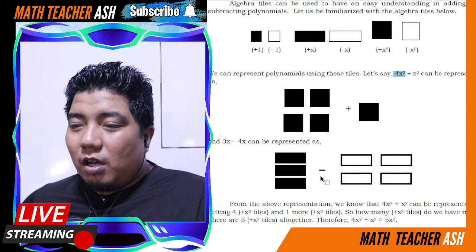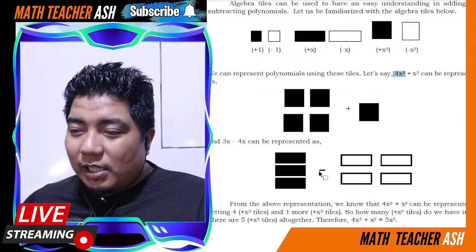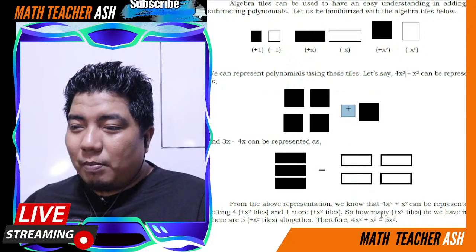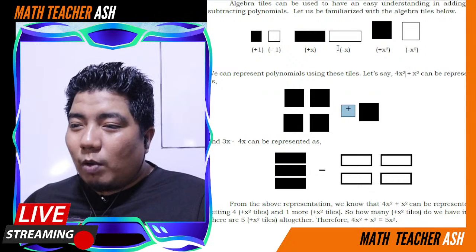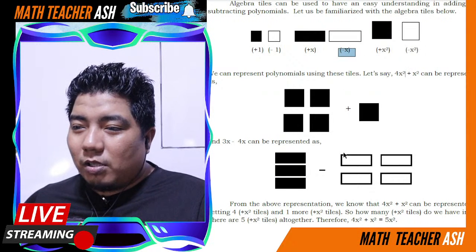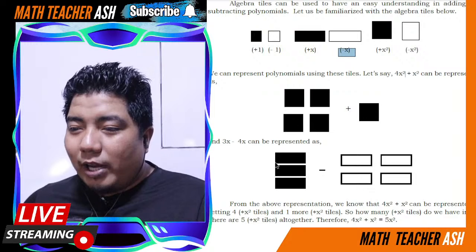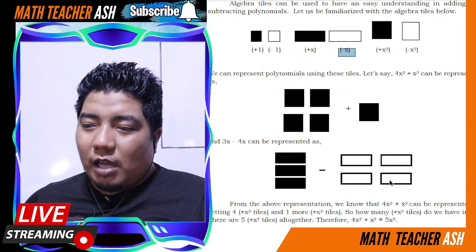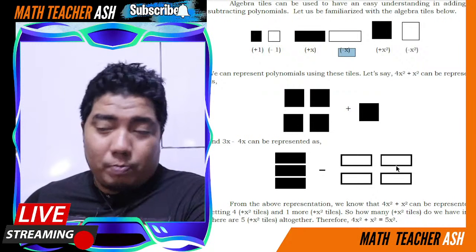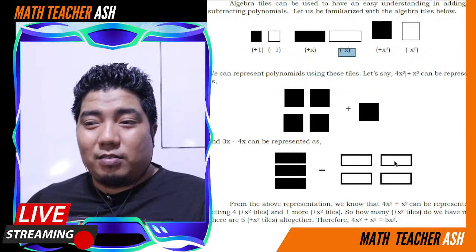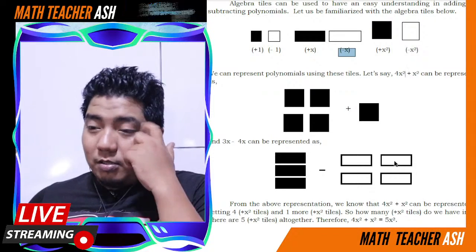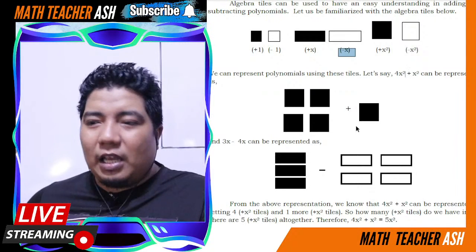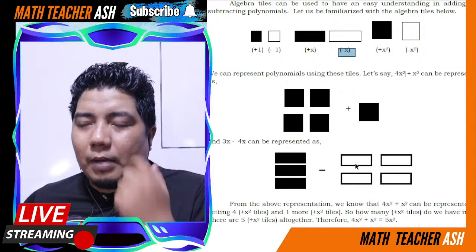Because of the existence of this one, okay? Because of the existence of this one, parang nawawala na ang idea nito. Because when we say minus 4x, that is minus positive 4x. So, this should be another 4 black rectangles, right? But somehow, yun nga, because of this idea, nagkakaroon na ng mga changes.